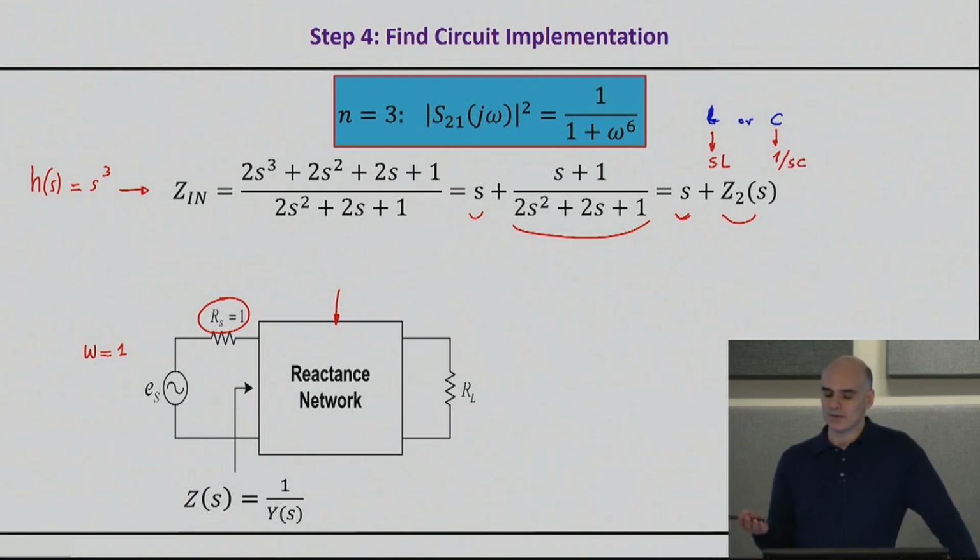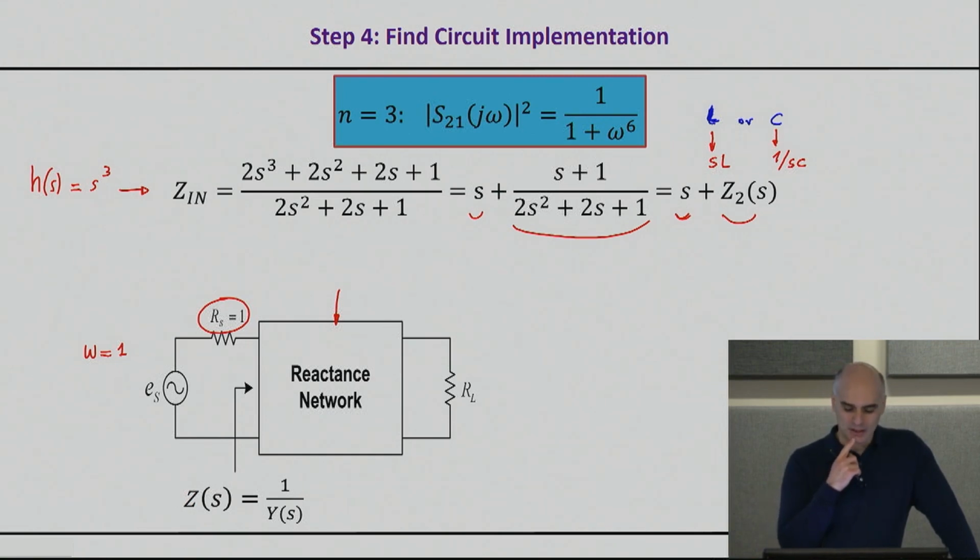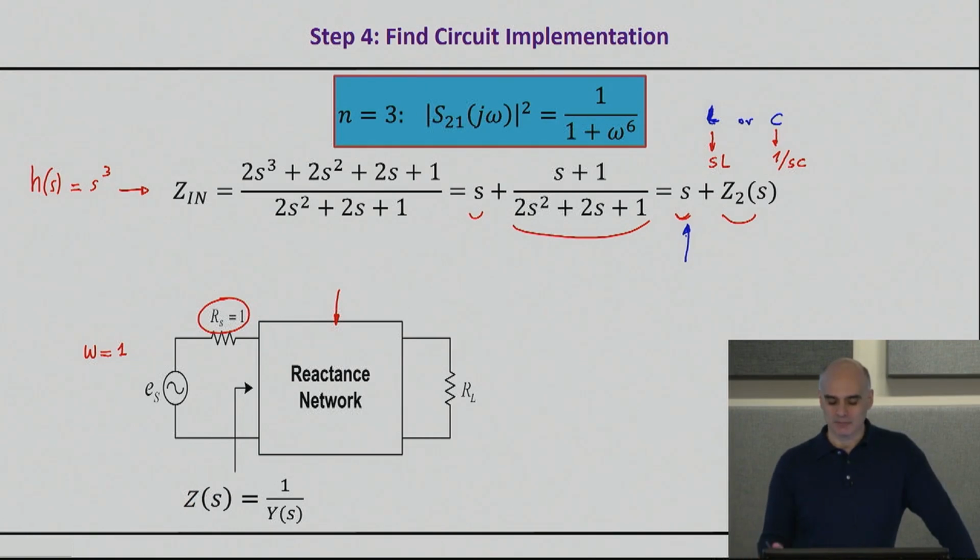And once you have this in your mind, it doesn't take much to realize that this equation, which says that my input impedance is s plus another impedance, almost screams for a series inductor.